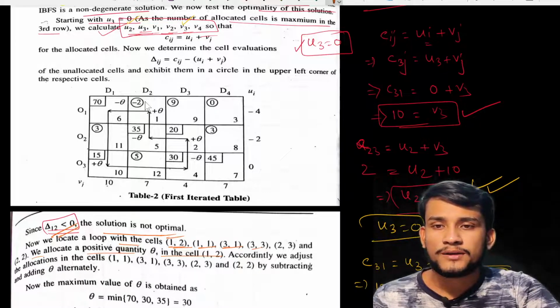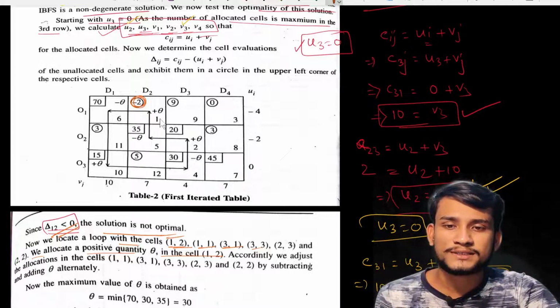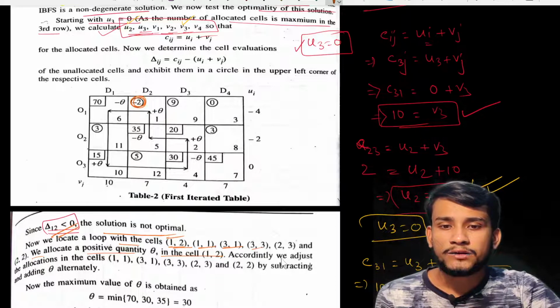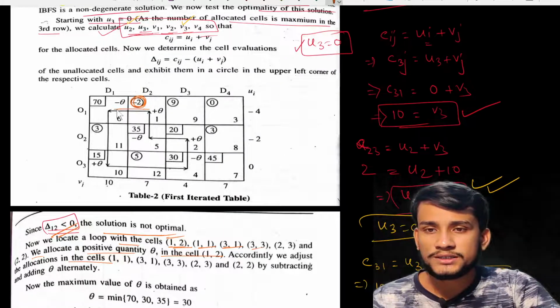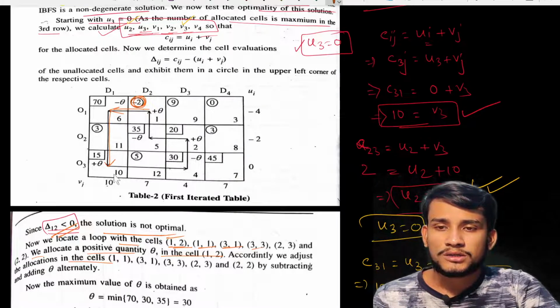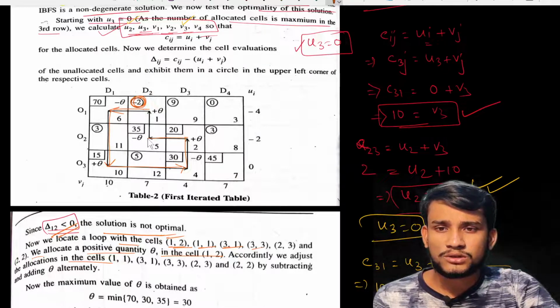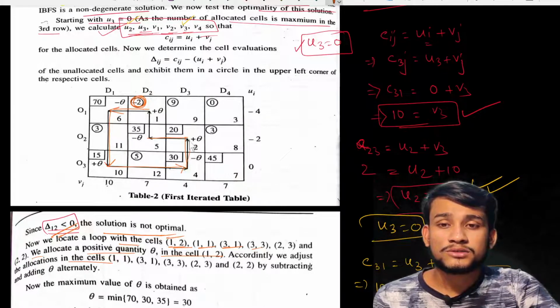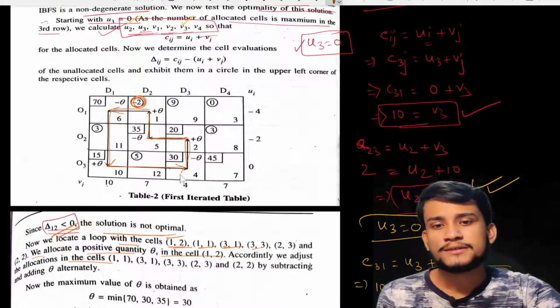The negative delta 1 2 cell gets plus theta. Accordingly we adjust the allocation in the cells: 1 1 goes to 3 1, then 3 3, then 3 2, then 3 3, then 2 3, then 2 2, then 2 1. This is the last cell.